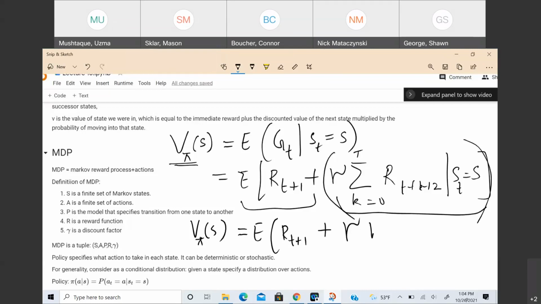So what we can write here is that this is V pi S plus 1 given S sub t equals S. Right, so that's how this is recursive, because here the value at step S is the expectation of the reward, plus some discount factor times the value in my next step, and so on. Right?